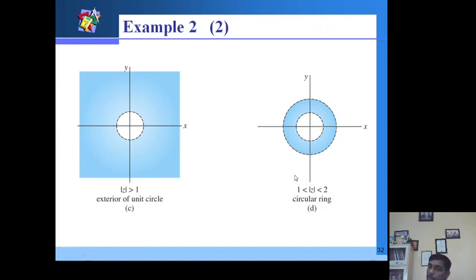And in this diagram, a circular ring is shown: two circles centered at the origin, one with radius 1 and another with radius 2. The points between 1 and 2 are known as a circular ring or annular ring.